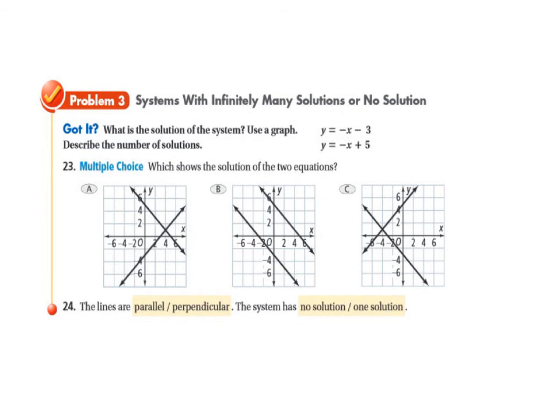Alright, now we're going to apply the information from that concept summary to determine how many solutions there are to a system of equations by looking at the equations. We're going to compare the slope and the y-intercept. Our first equation here has a slope of -1. And our second equation has a slope of -1. So they have the same slope.